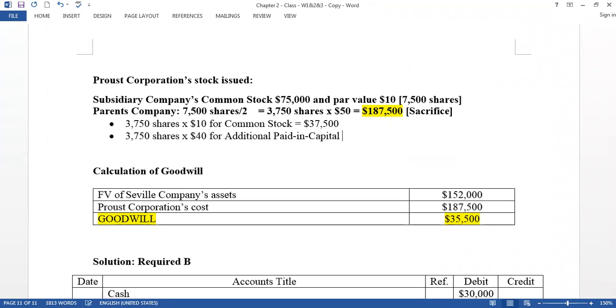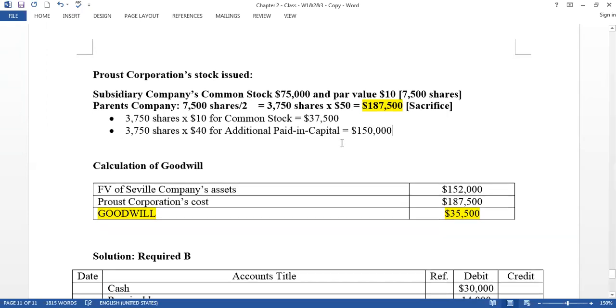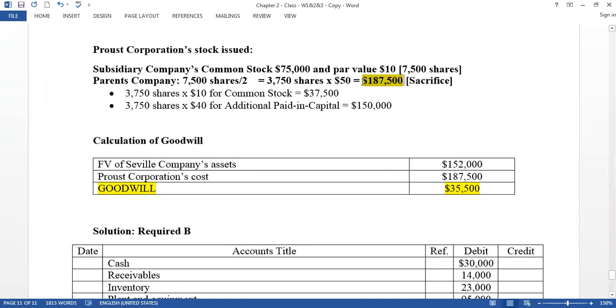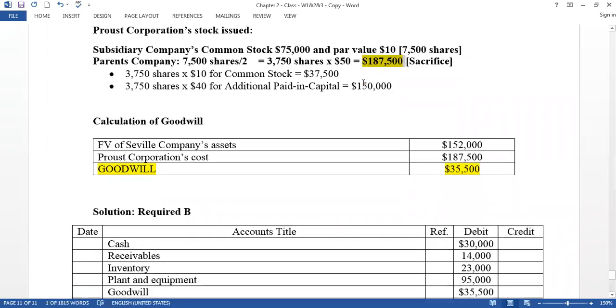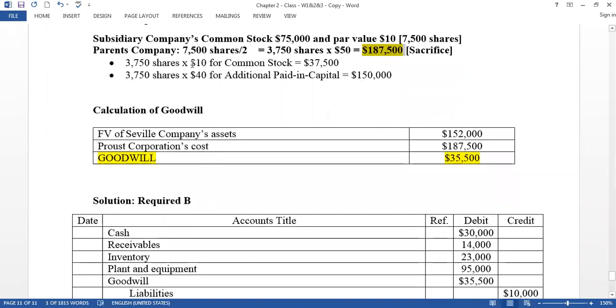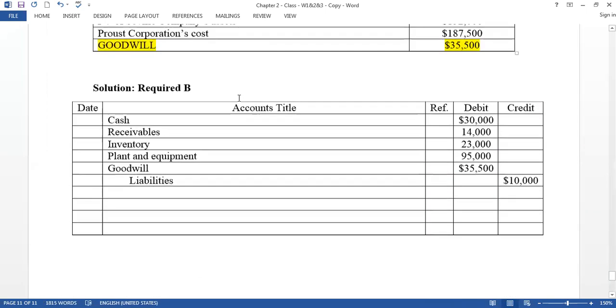And additional paid in capital is about $150,000. Do you understand this? So this is our sacrifice, right? But this is the total sacrifice, and we have to make it separate. Some for par value, some for additional, right?